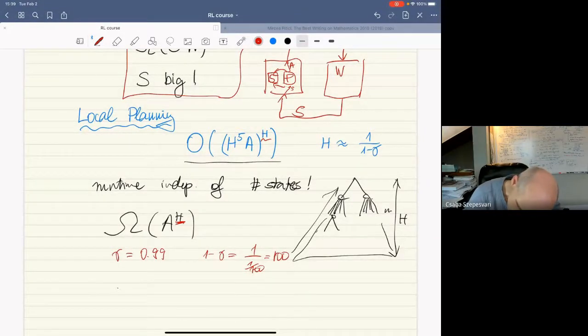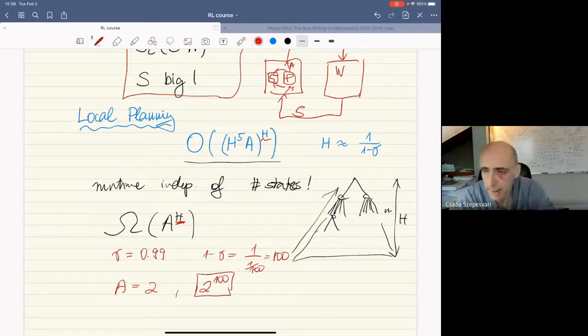And so if the number of actions is 2, very, very small problem, then you get something like 2 to the 100. And that's coming from a lower bound. And if you try to run these algorithms, you see that they're gonna just like choke and choke and choke.